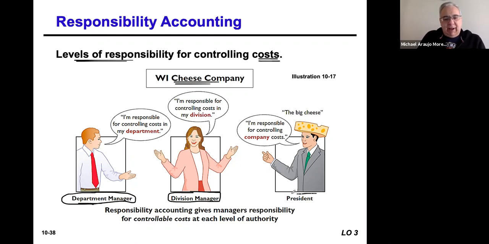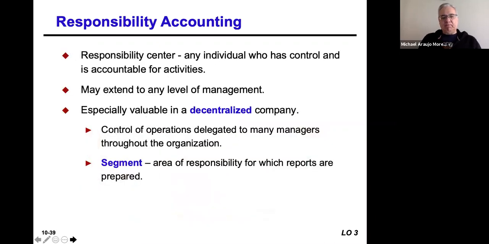And then you have the president of the company who, as they say here, the big cheese, wearing a cheese hat, right, is ultimately responsible for controlling all of it. And so responsibility accounting gives that responsibility of what they can control at their level. Okay. And that's an important aspect here.